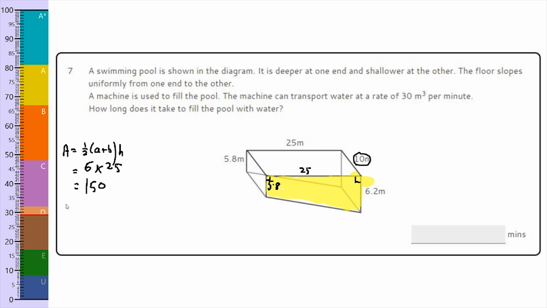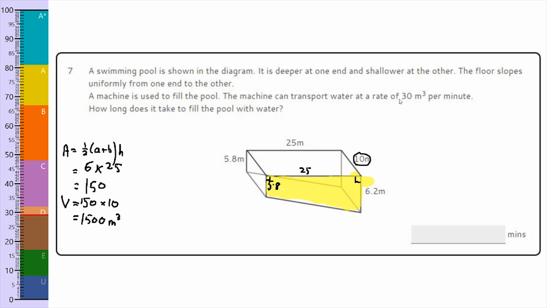So to find the volume, I get the area, which is 150, and I times it by the depth, so times by 10. When I do that, I get, just put a 0 on the end of it, 1,500, and that's going to be meters cubed. Because the volume's always the unit cubed, and these are all in meters, as you can see.